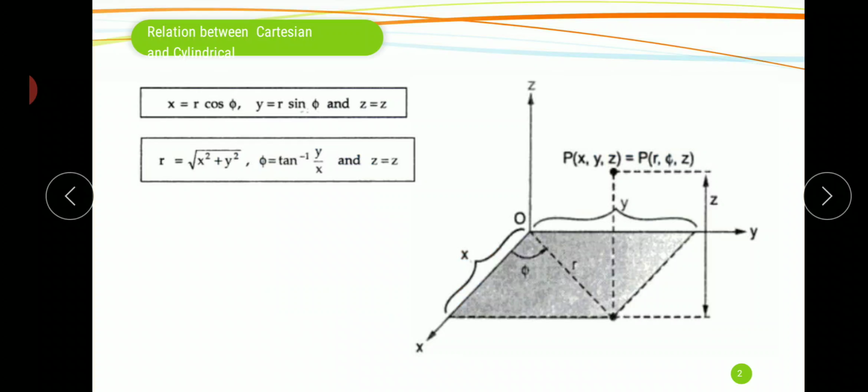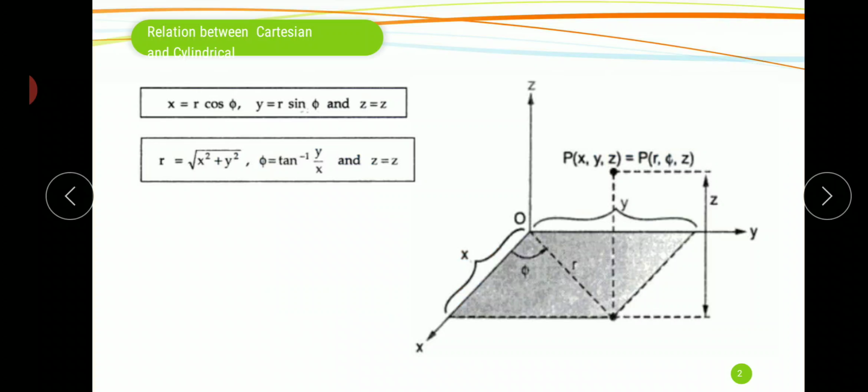Now, the spherical coordinate system has variables r, theta, phi. The r variable ranges from 0 to infinity, phi varies from 0 to 2 pi, and theta varies from 0 to pi.